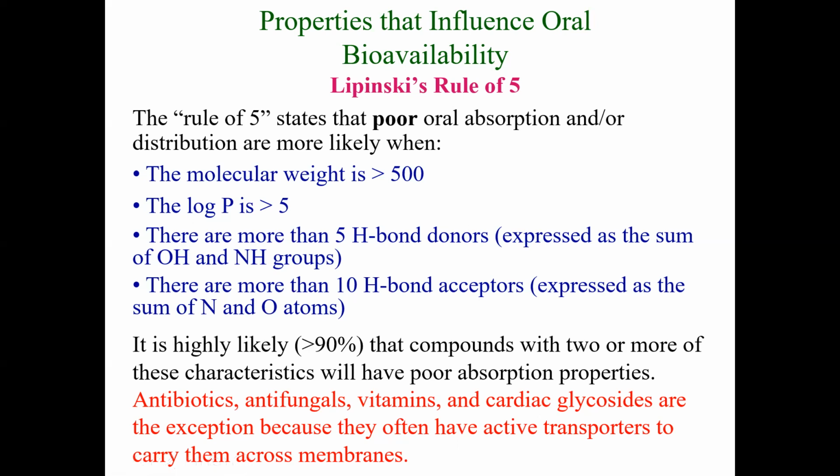So it is highly likely, more than 90%, that compounds with 2 or more of these characteristics will have poor oral absorption. There are exceptions to this rule, like for instance, the antibiotics, antifungals, vitamins, cardiac glycosides, and even the drug levodopa that we discussed at length during our stereochemistry last year, are exceptions because they may use active transporters to cross biological membranes.